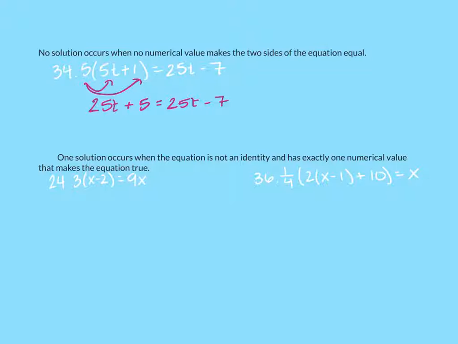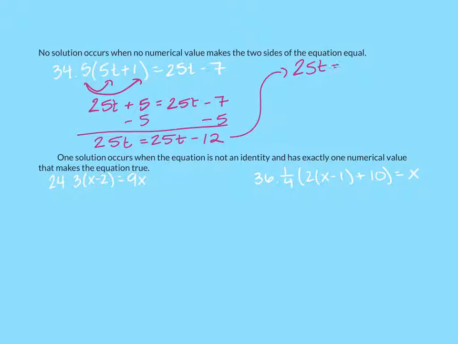From here, I'm going to combine like terms. First, I'm going to subtract 5 from both sides. I get 25t equals 25t minus 12. I also want to get t on one side of the equal sign. I don't want to work with it on both sides. So I'm going to take 25t and 25t minus 12, and subtract 25t from both sides.